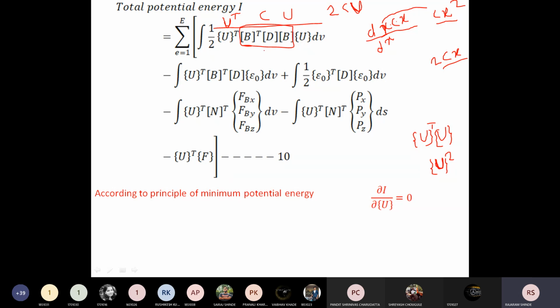Because of matrix, its size will be different, but you can consider this as a constant matrix. If it is not a matrix, you can take it out of the integration and out of the derivative also. Now it is u square into this constant. So you will get 2 into constant into u. Constant is B transpose D B. Now what about the second term?